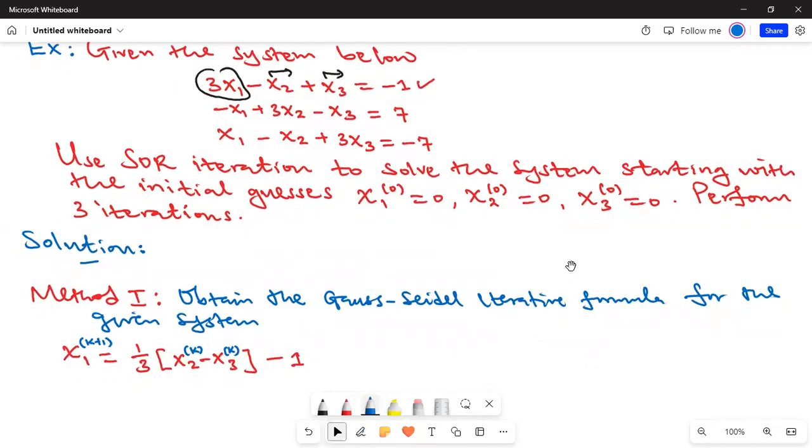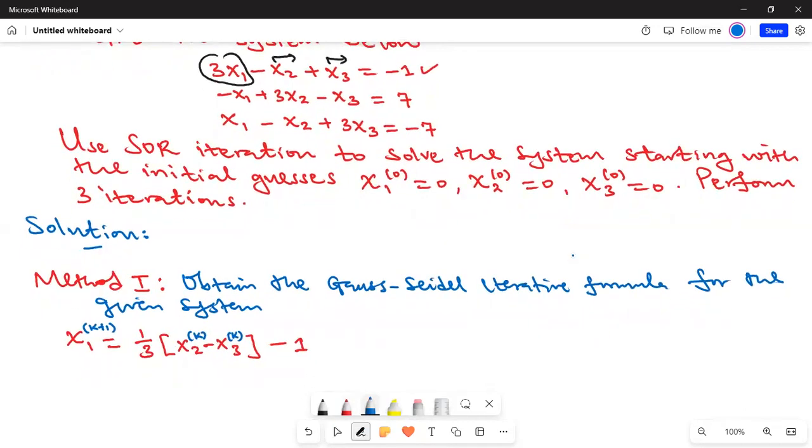Equation 2. Now you make x2 the subject and use the immediate value of x1 that you have found. So it means x1 on the right hand side will be at level k plus 1. So again here x2 is equal to, remember that's equation 2, so that would be divide by 3 again, that's 1 over 3 into x1 plus x3.